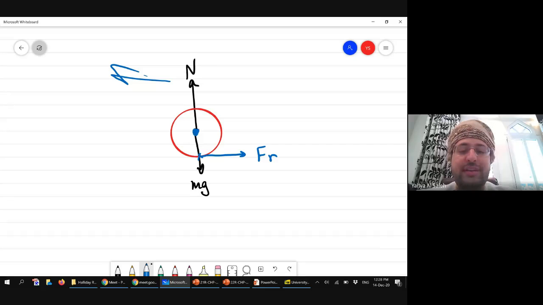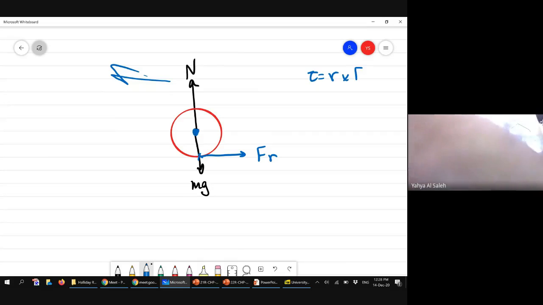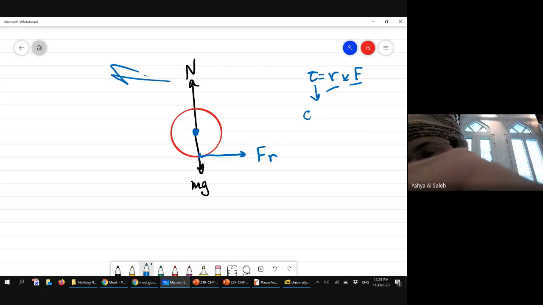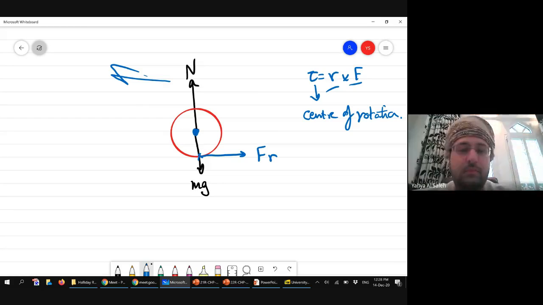Okay. So now when I want to look at torque, torque equals R cross F. I need to do it about the center of rotation. This is my center of rotation.